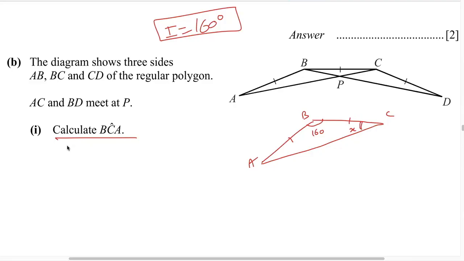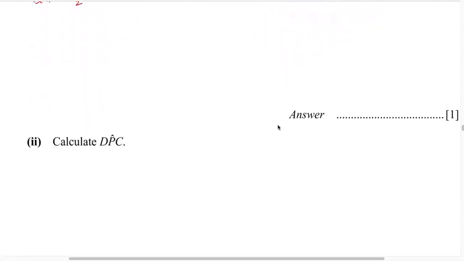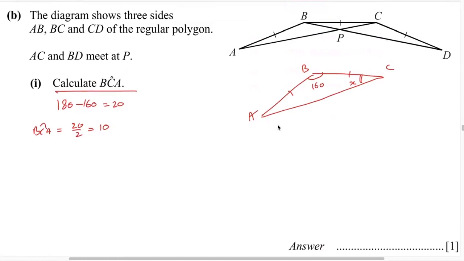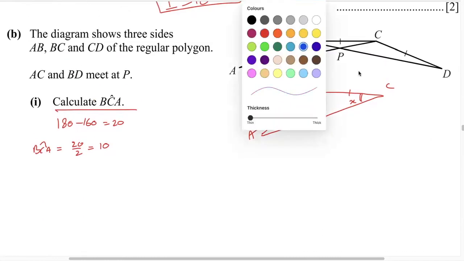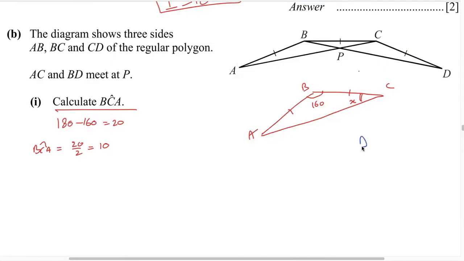That's an acute angle. 10. 10. And that was isosceles. Next is BCD. We're solving here so we can see the diagram. DPC.